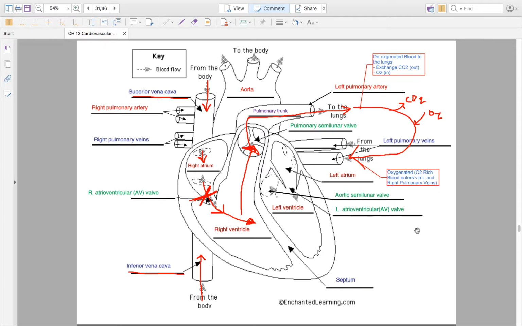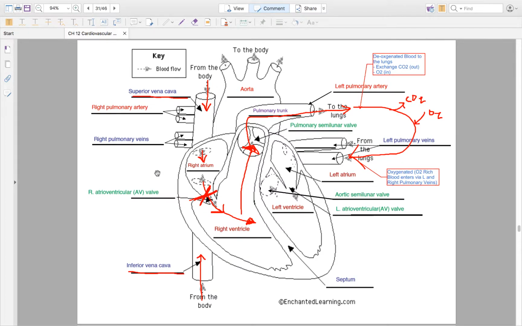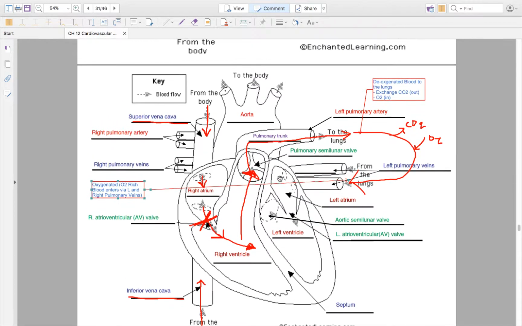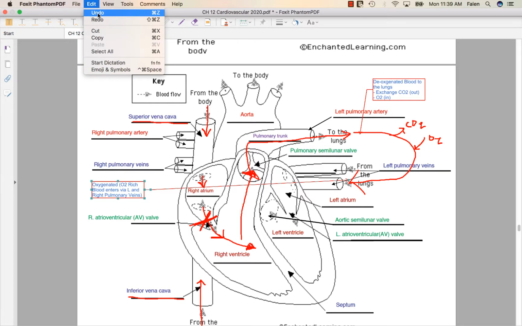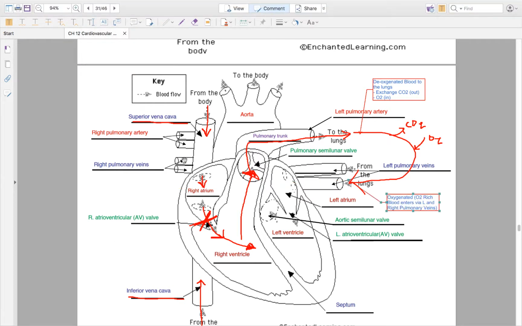So what I've written here is O2 rich blood enters via the left and right pulmonary veins, because everything that's happening here on the left side is also happening over here. Okay, that's also happening on this side.